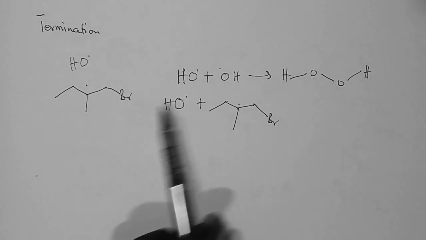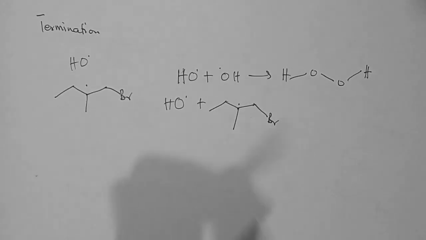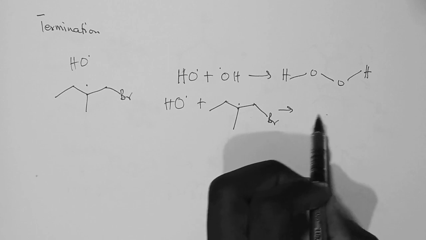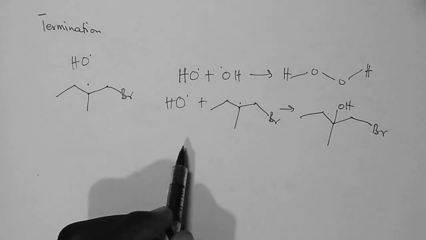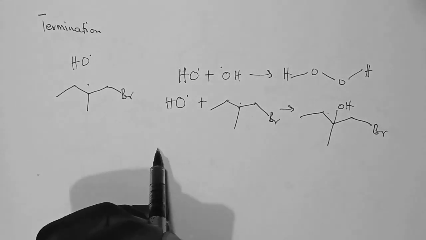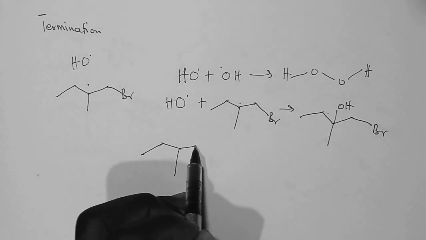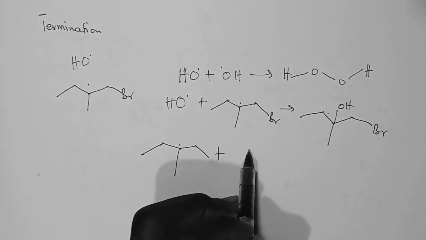Or an HO radical could also combine with this radical to give us this molecule. And then lastly, there could be two radicals of this combining with each other.